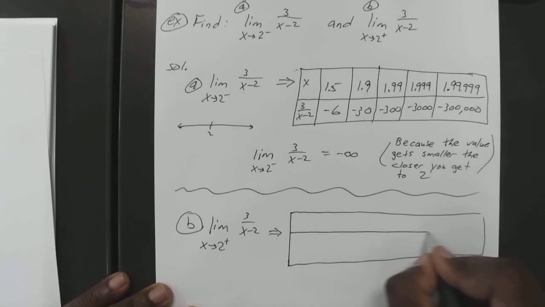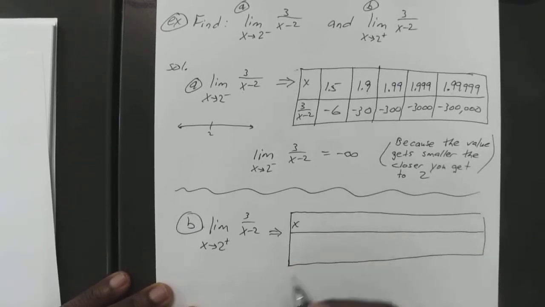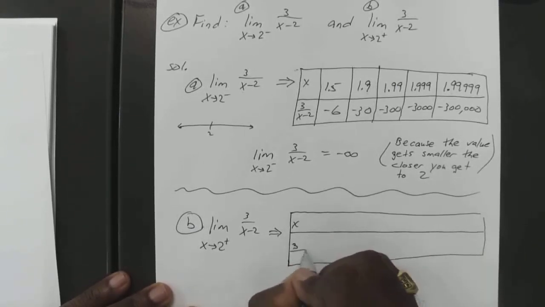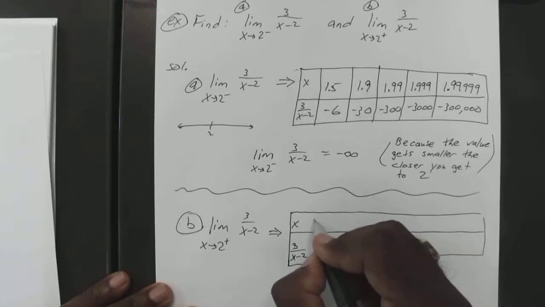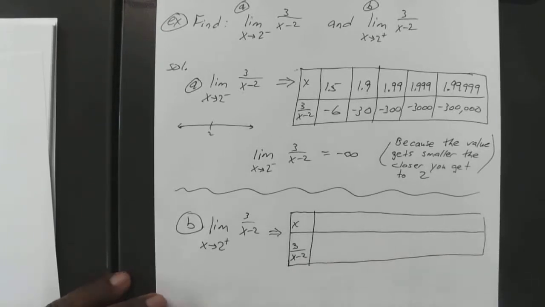Okay, so if we have our x value up here and our 3 over x minus 2 here, but on this side we're going to approach it from the right. So we're going to have 2.1, 2.01, 2.001, 2.0001, so we're getting closer and closer to 2, but this time from the right.